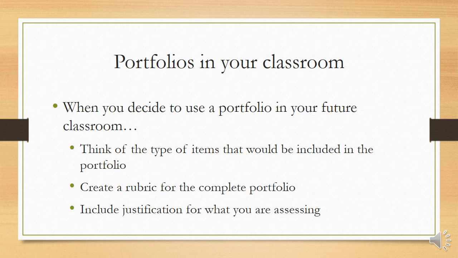So you're going to have a really good idea going into it of what you were trying to assess and why, and the sort of guidelines that you gave to students. Because if you didn't give them the appropriate guidelines, you can't mark them against not doing something that you didn't really ask them to do, is what I'm trying to say. So these are all things you should really be considering before you ever even start the activity.